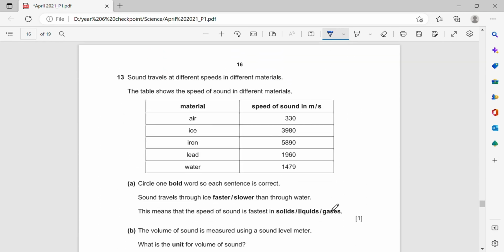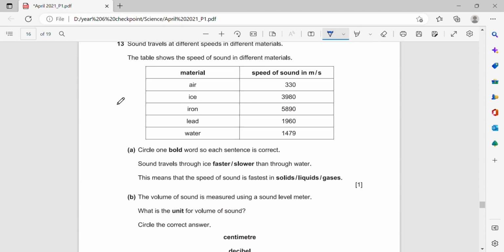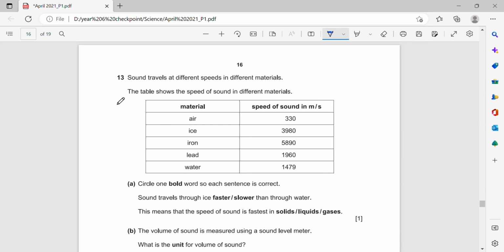Next question, 13. Sound travels at different speeds in different materials. The table shows the speed of sound in different materials: in air, in ice, in iron, in lead, and in water. Circle one bold word so each sentence is correct.